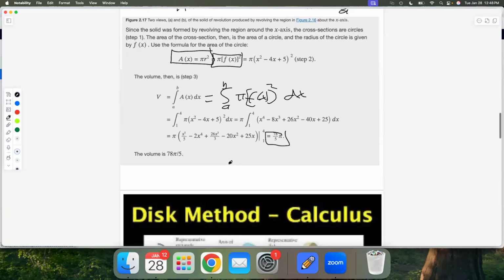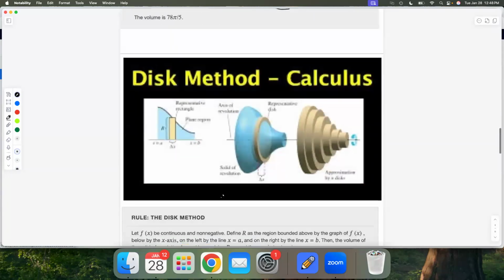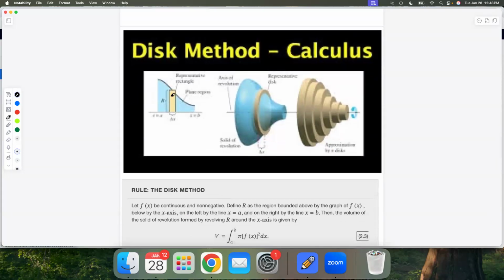Okay, so this is called the disk method. And I spent some time Googling. I couldn't find great images of the disk method. I know they exist out there, but I couldn't find any.